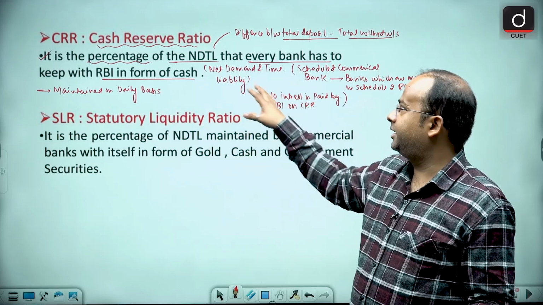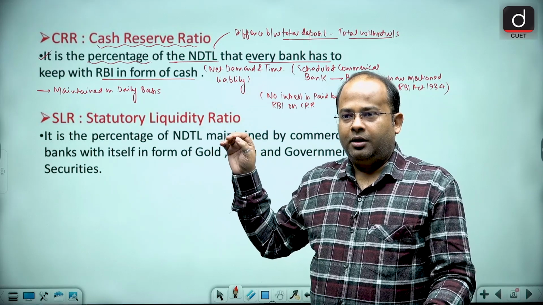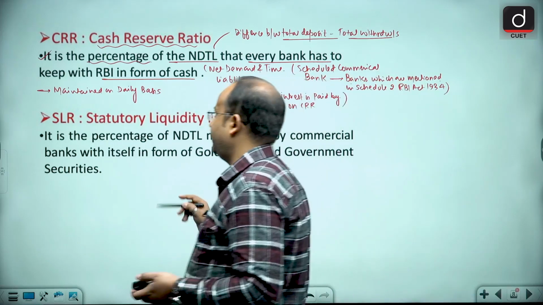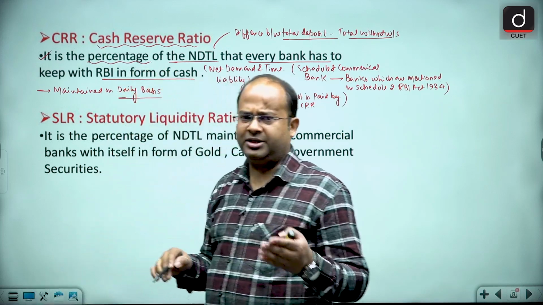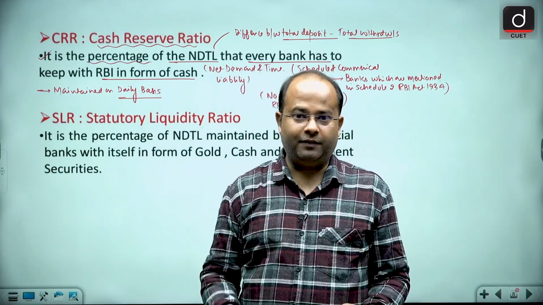So CRR is the percentage of NDTL that is kept with RBI by scheduled commercial bank in the form of cash, and it is maintained on daily basis. For example guys, let's suppose the present rate is 4%. I am just giving an example. Let's suppose the rate is 4% of NDTL.